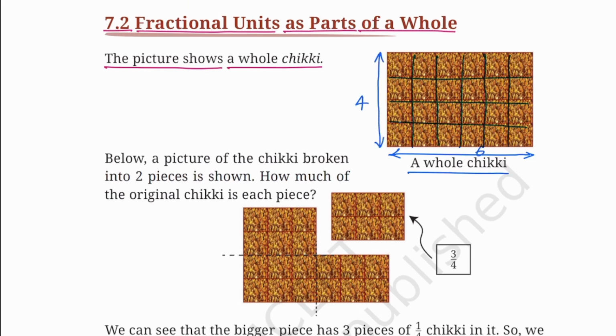You can say 6 units length and 4 units width, such that it has an area of 6 into 4, that is 24 square units.